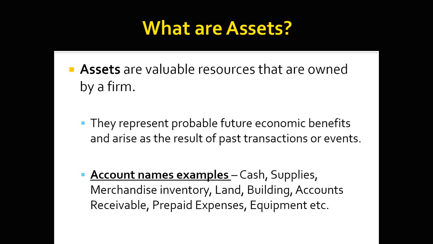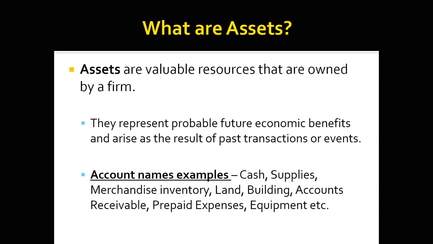What is the definition of an asset? All right, assets. They represent probable future economic benefits and arise as the result of past transactions or events. So assets are going to help the company make a profit.